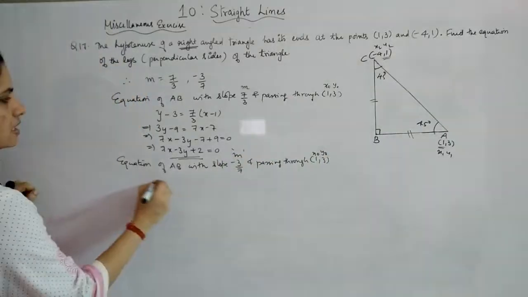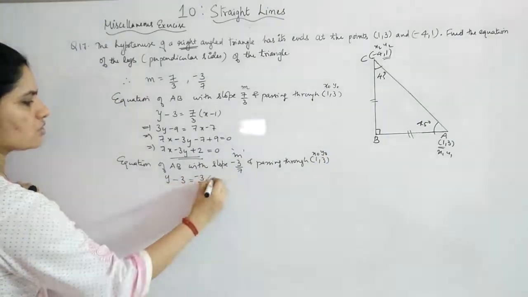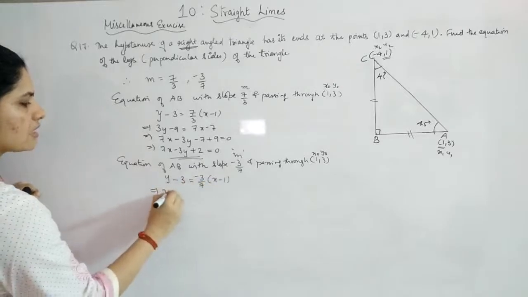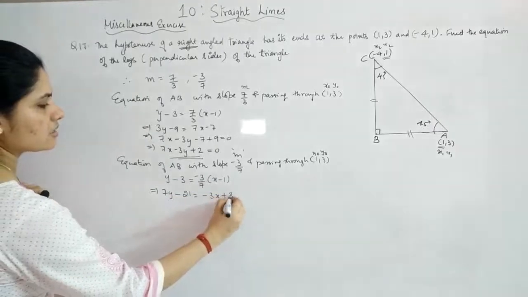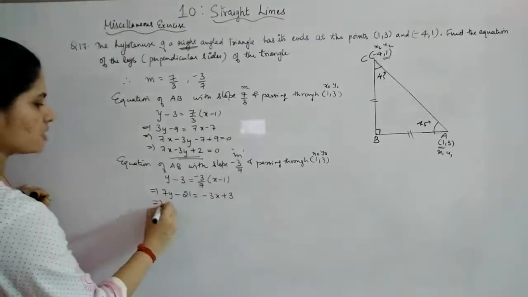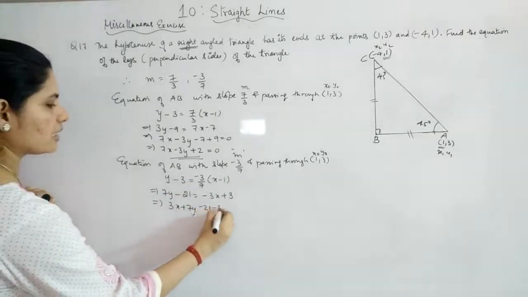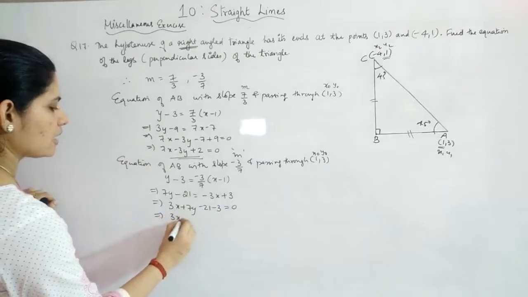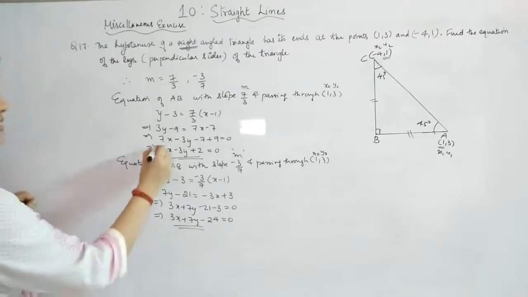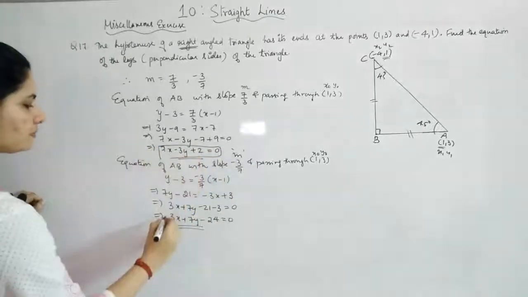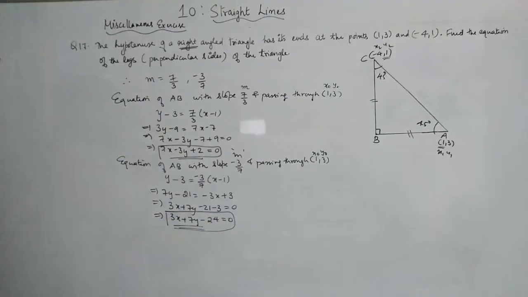So you'll get y minus 3 is equal to minus 3/7 into x minus 1, or 7y minus 21 is equal to minus 3x plus 3, which is 3x plus 7y minus 21 minus 3 equal to 0, or 3x plus 7y minus 24 equal to 0. So you got two equations, one is this one, the other one is this one. These are the two equations of AB.